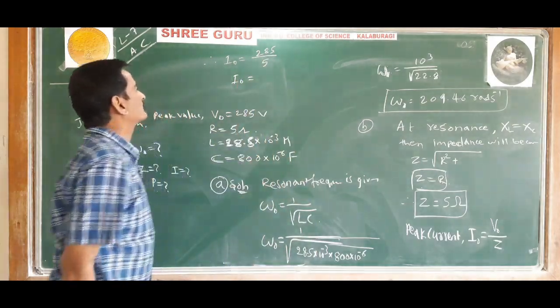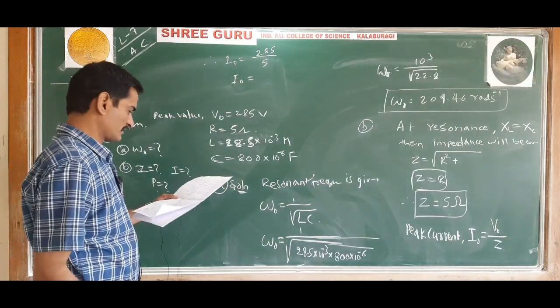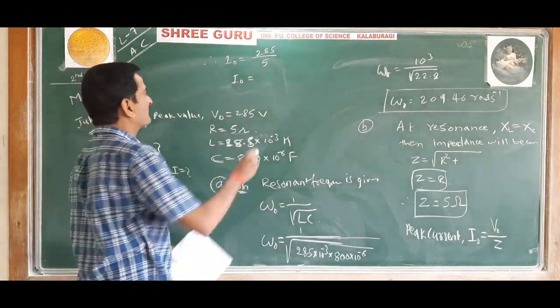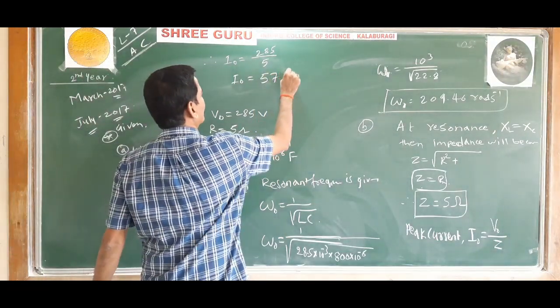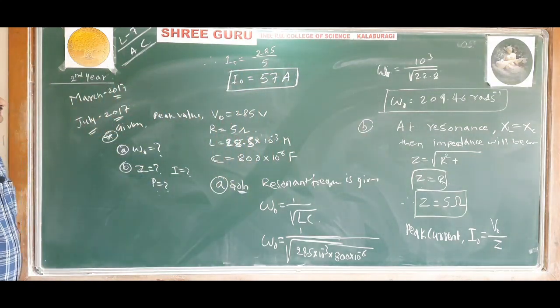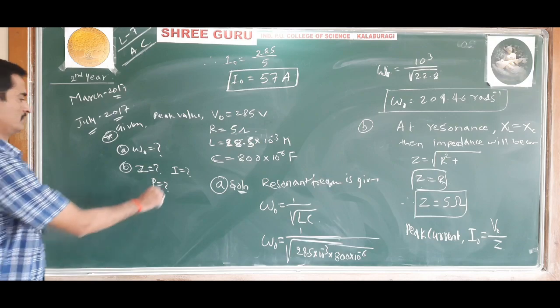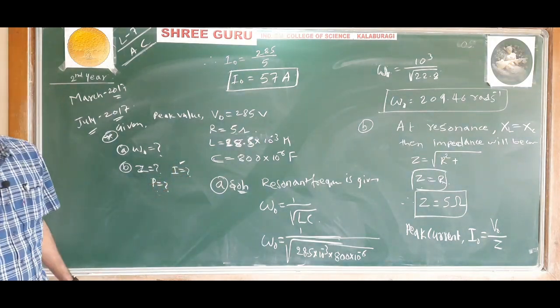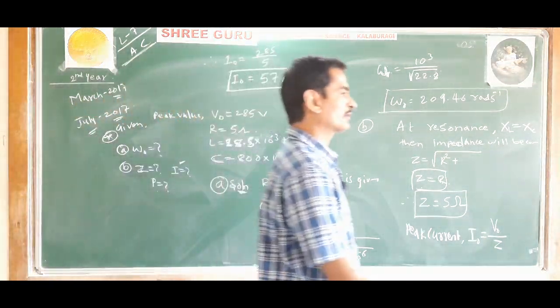Do the calculation. I naught will come to be 57 ampere. Current is calculated. They did not mention which current, so peak current is also okay.